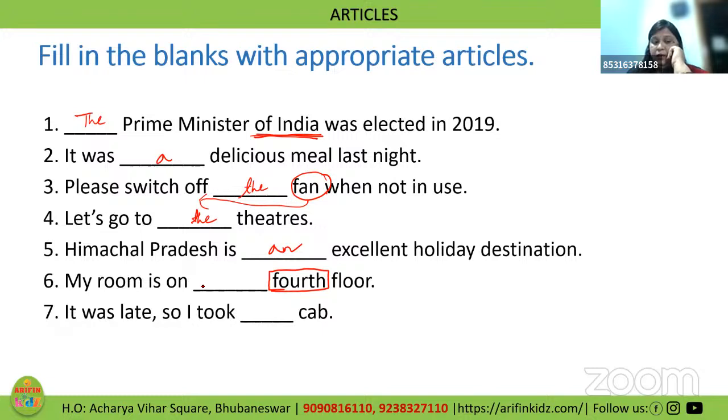So it will be the definite article. The. It was late, so I took. Anshita, and for which one? Mention the number, please. Yes, Kinjal. 5 is an. Correct. Already I have answered it.